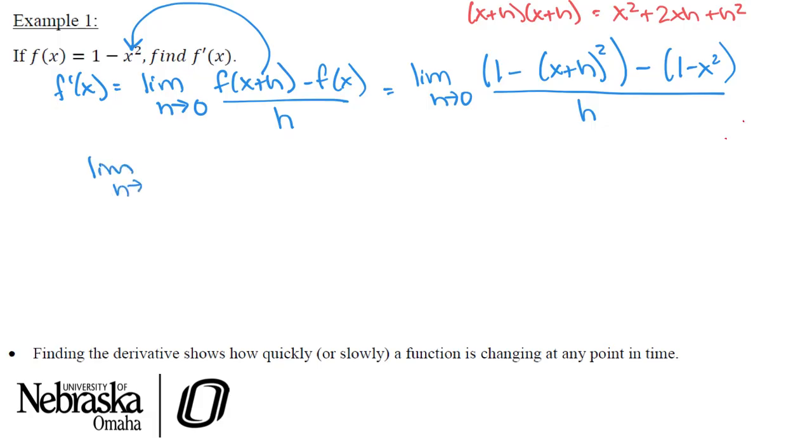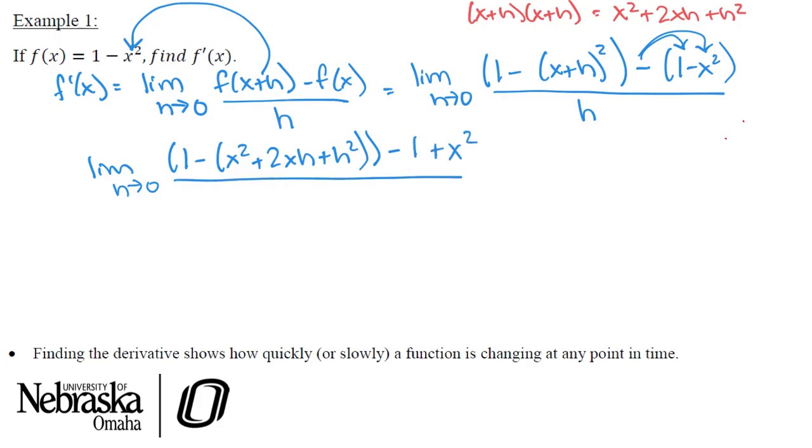So the limit as h approaches 0 of 1 minus the square of x plus h, minus 1 minus x squared. Let's distribute that negative to each of these terms. We get minus 1 plus x squared over h.